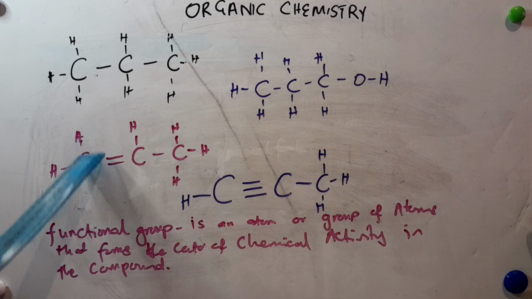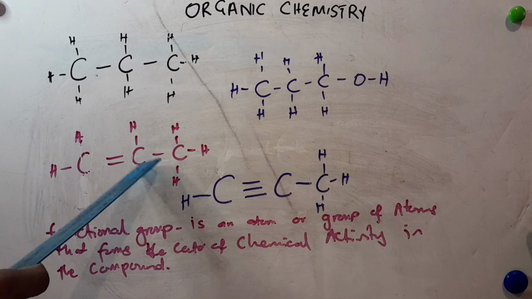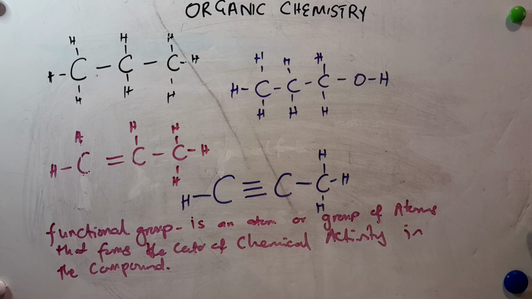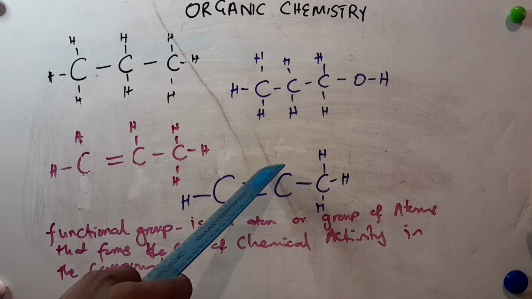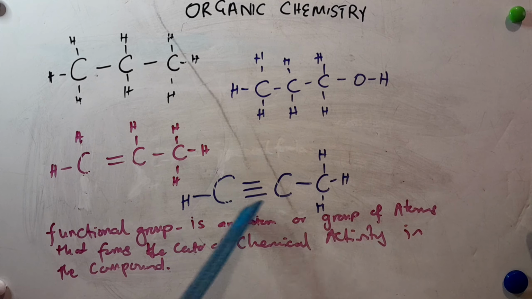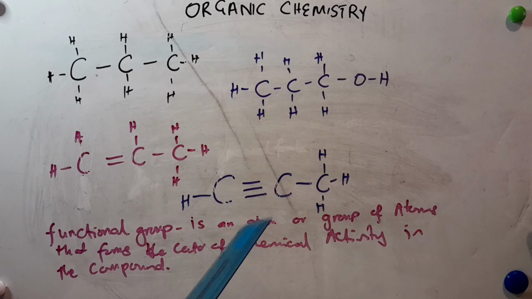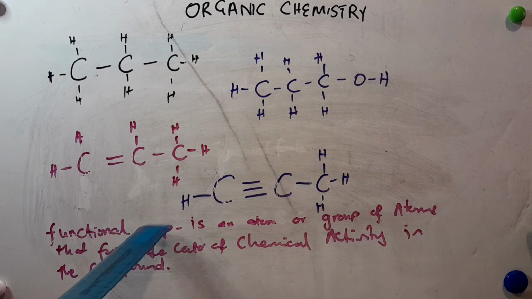So also this is the functional group of this type of compounds. When we move to this one, it has a triple bond. Can you see that? So in this case, this is the functional group of this type of compounds.